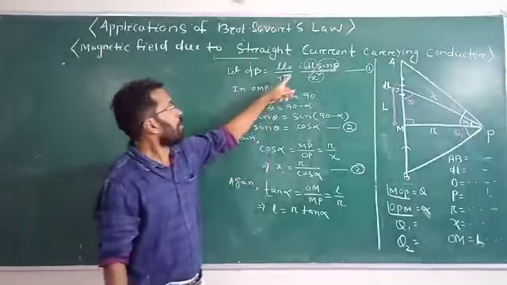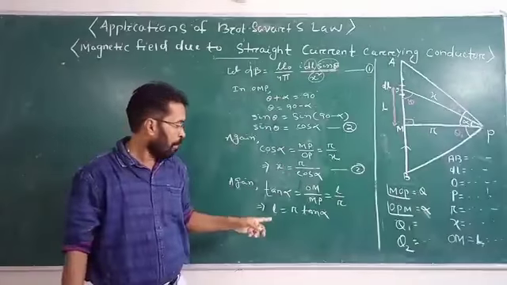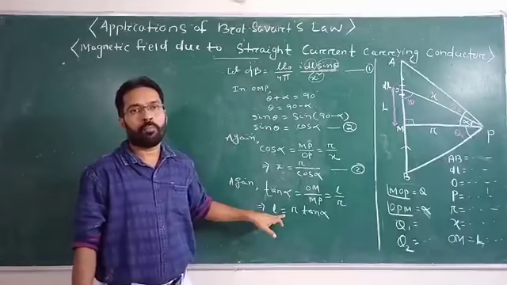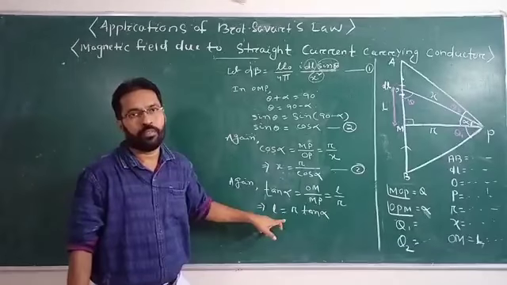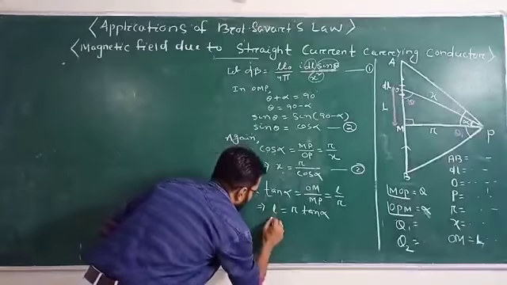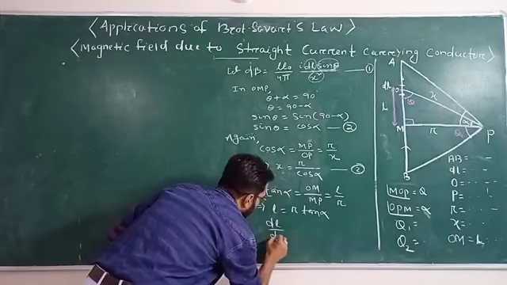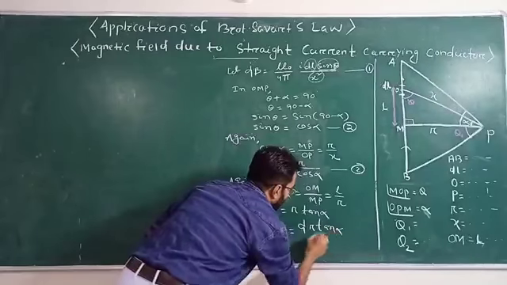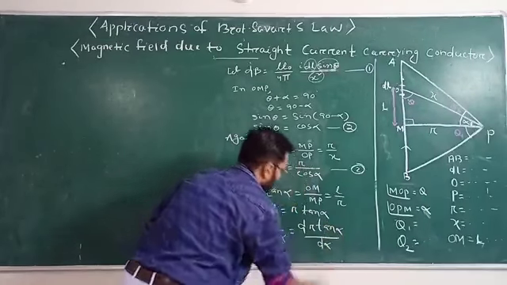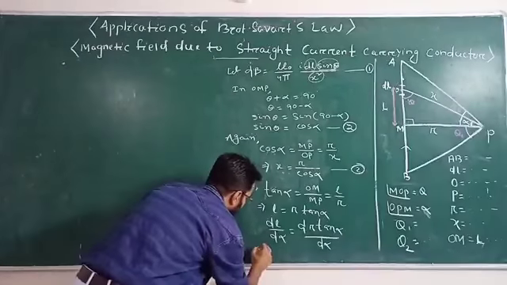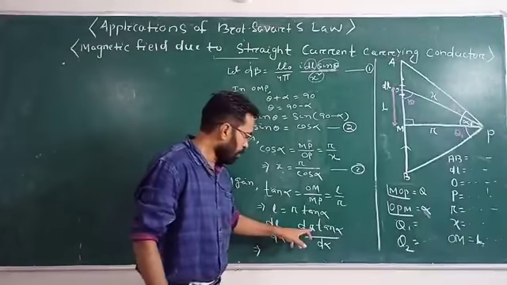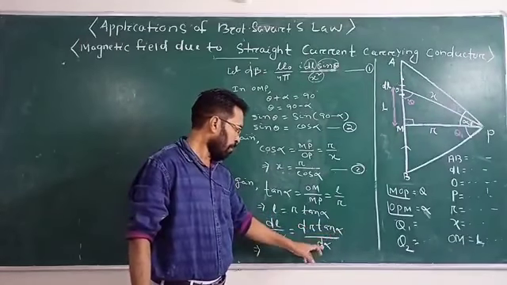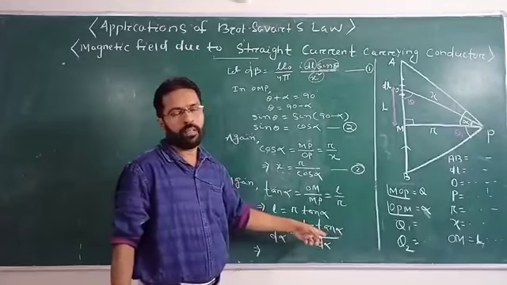Now the target is to find dl, not L. So differentiating both sides with respect to alpha, dL by d alpha is equal to d(R tan alpha) by d alpha. From that, what will we get? You observe here, R is a constant, taking it outside. So remaining is d(tan alpha) by d alpha, that means sec square alpha.